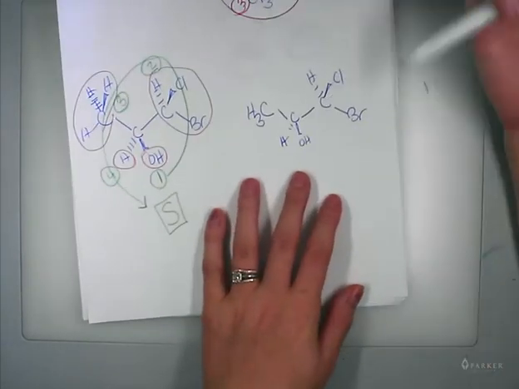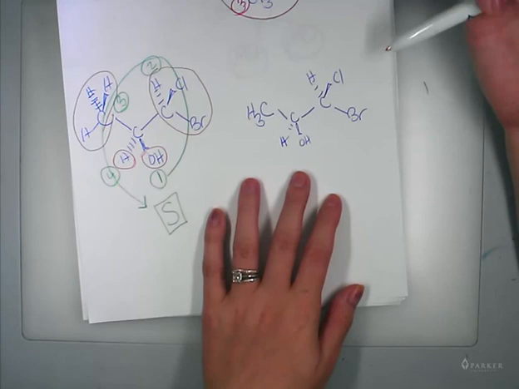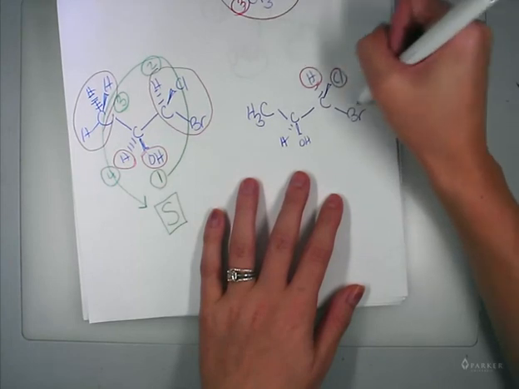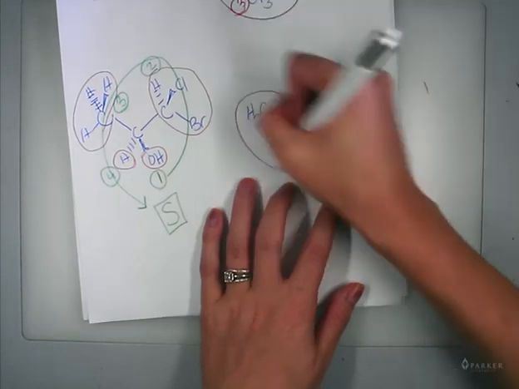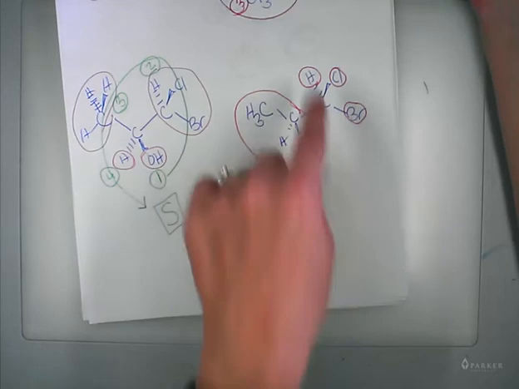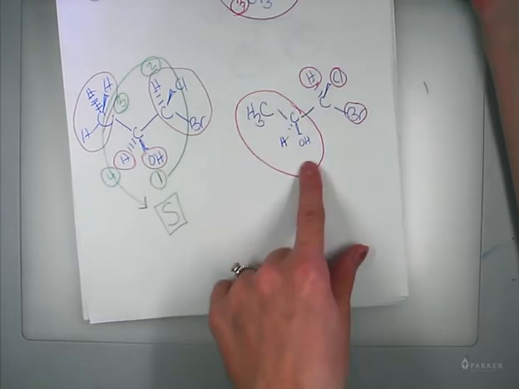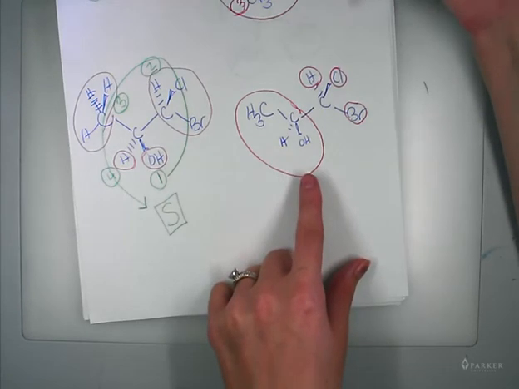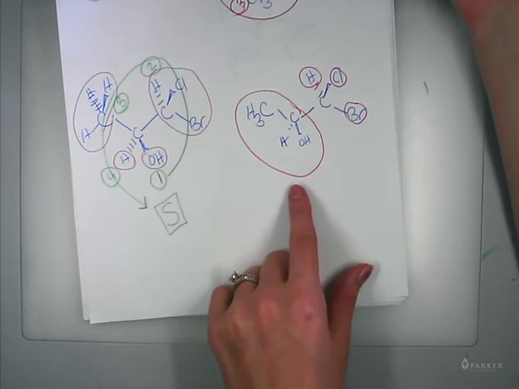Okay, so now let's look at this last one. Is this a chiral carbon? Yeah, let's look at our groups. We have hydrogen, chlorine, bromine, and then this large carbon group there. So you see 1, 2, 3, 4. Do any of them look the same? No. So now let's label our priorities.